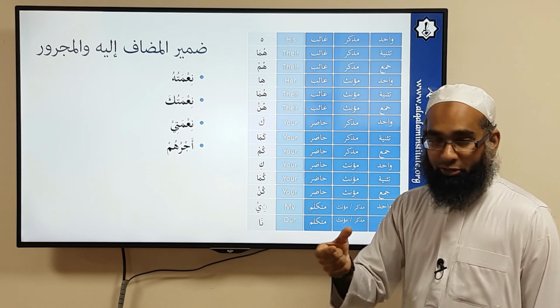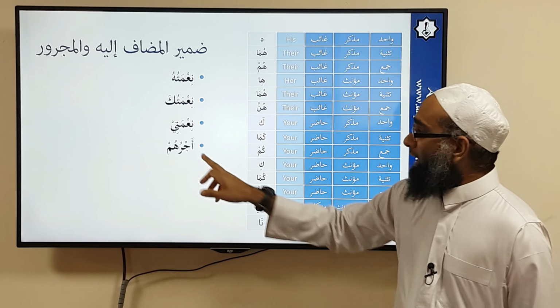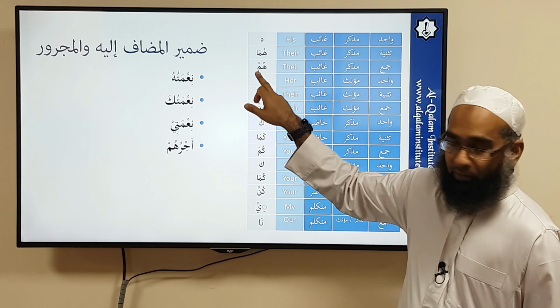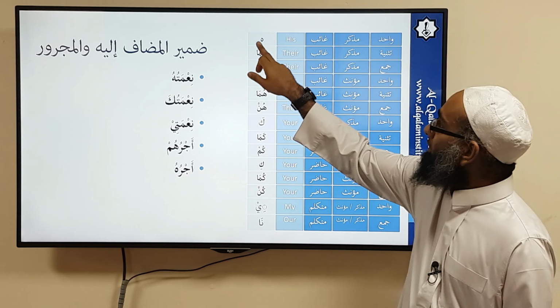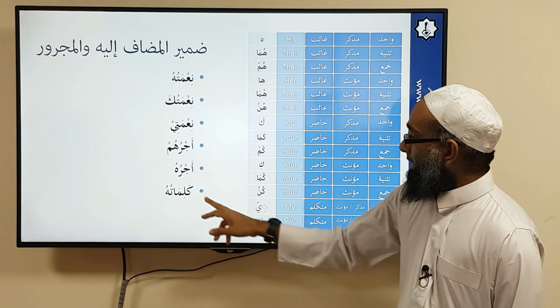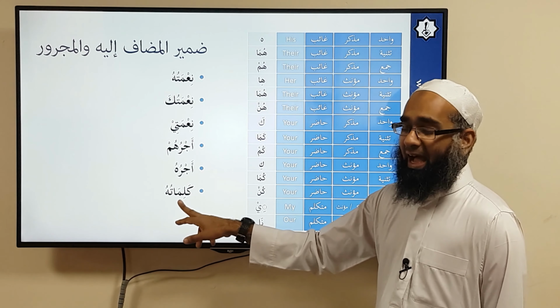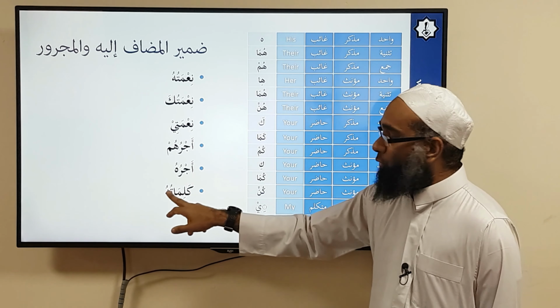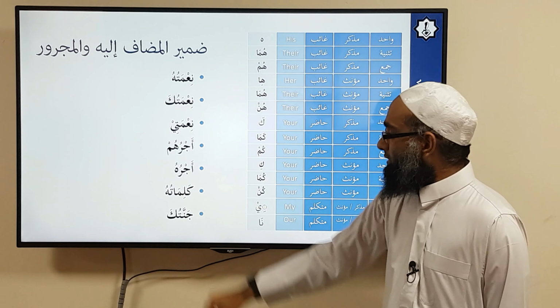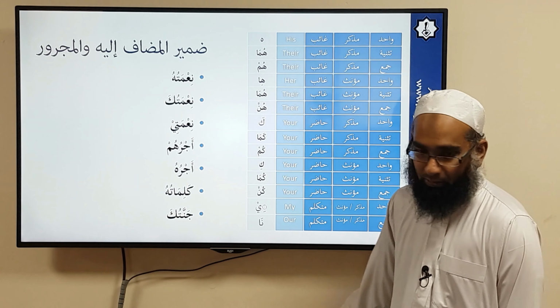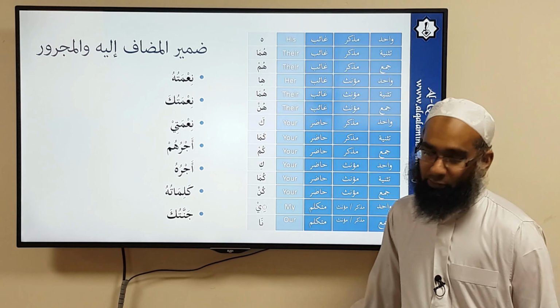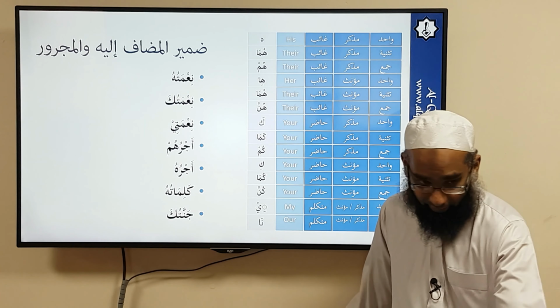Ajr means reward. So ajruhum, their reward. Ajruhu, his reward. Kalima, word. So kalimatuhu, his word. Jannatuka, your paradise, or your garden. Yes, your garden.